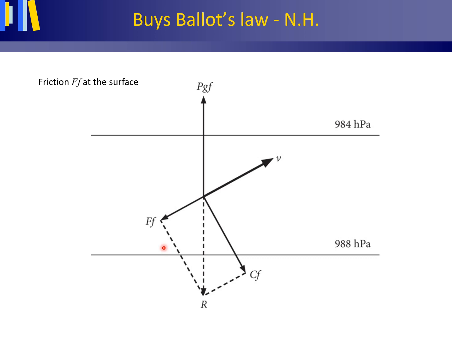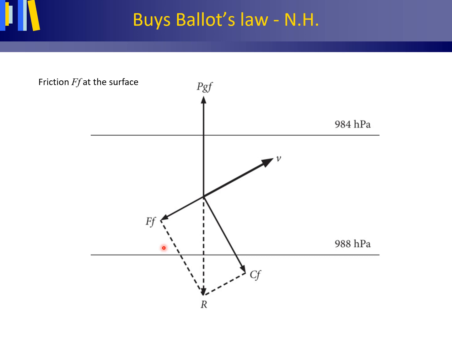Of course, in the southern hemisphere, the Coriolis effect deflects to the left, and then Buys-Ballot's law would read, when you stand with your back to the wind, low pressure is in front of you to the right, and high pressure is at the back of you to the left.